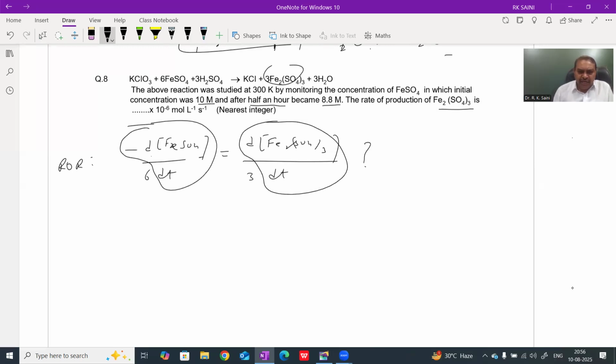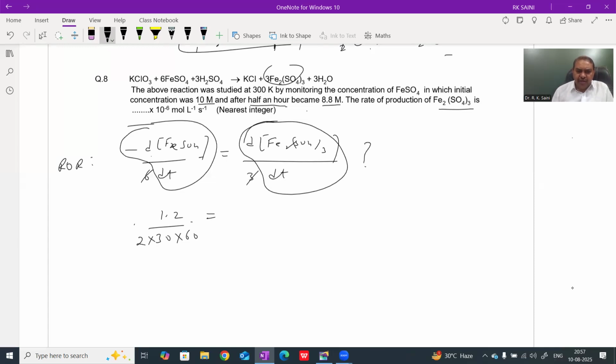The change in concentration is 10 M minus 8.8, and the time taken is half an hour, 30 minutes. The negative sign makes the change in concentration positive, so the change is 1.2 in 30 minutes, or 30 into 60 seconds, divided by the stoichiometric coefficient. The simplest coefficient is 2.